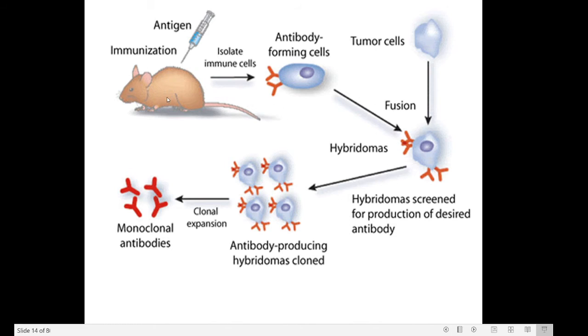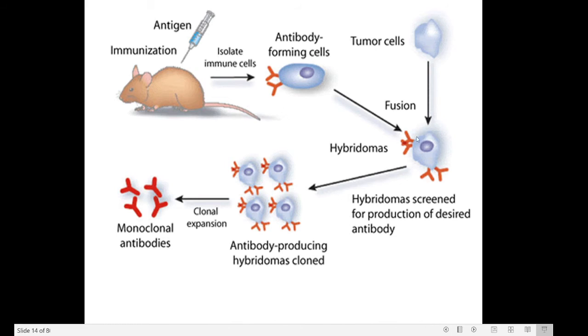First inject the antigen into the animal, the immune system gets alert, and the B cells are isolated and fused with the nucleus-free cell. So the hybridoma cell is formed.